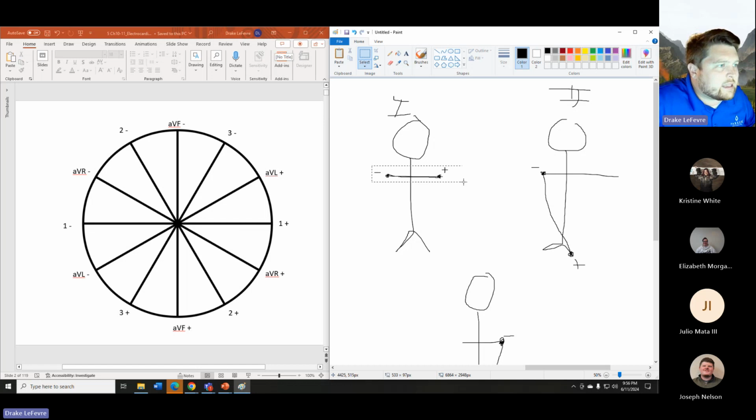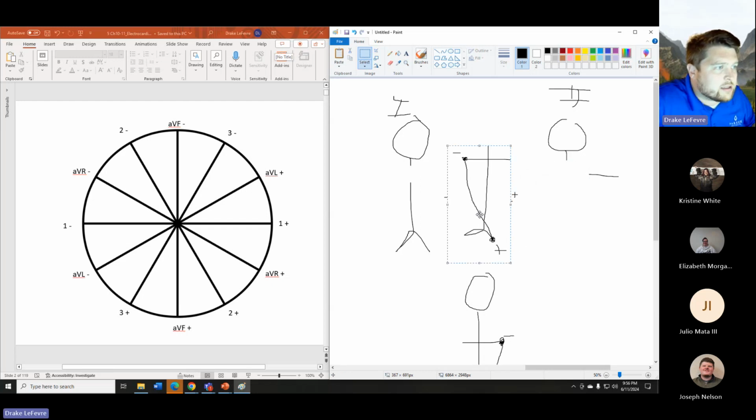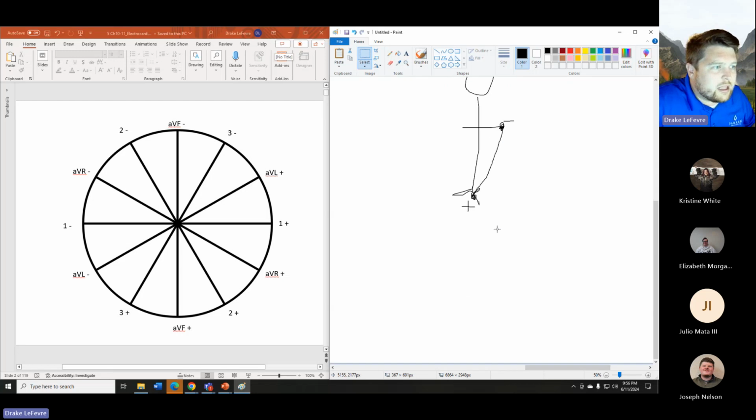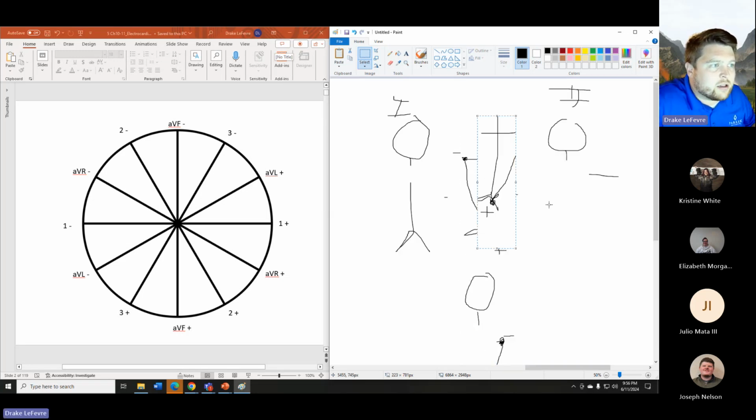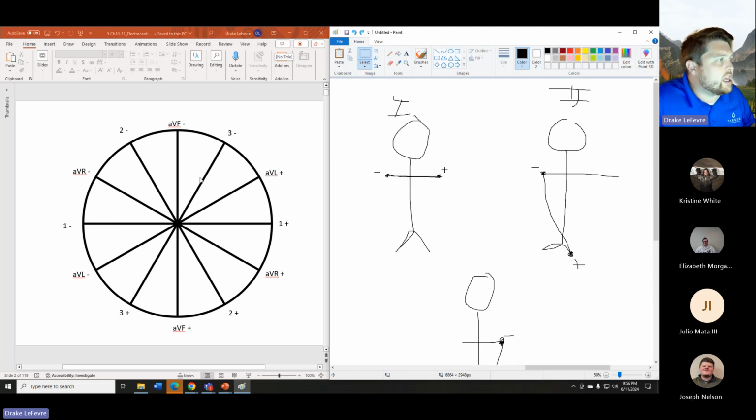This is our across like that, then there's that angle, and then there's that angle. When you put them all on top of each other, you end up with leads going in each direction every 30 degrees, and it looks like a circle.